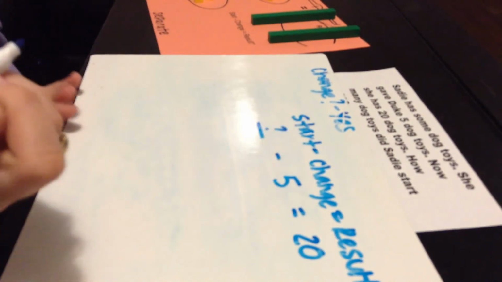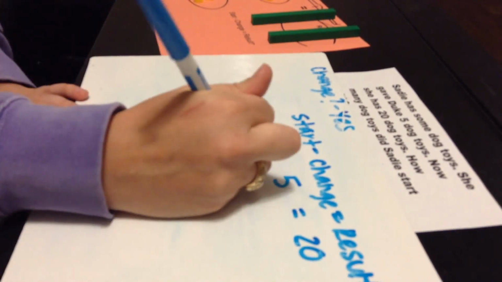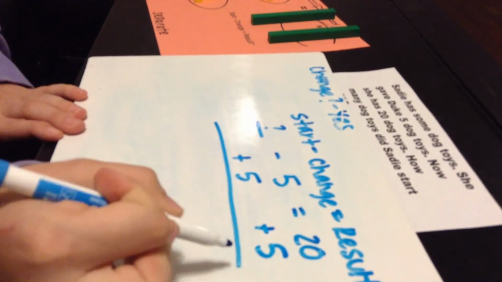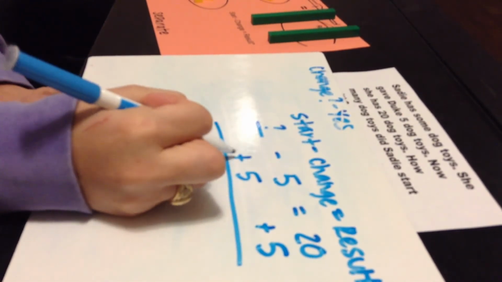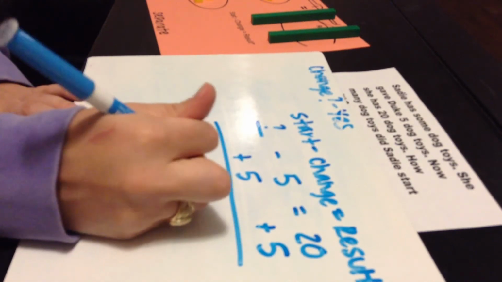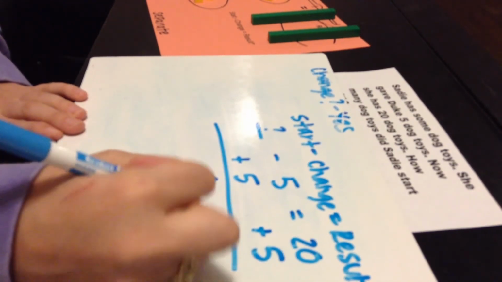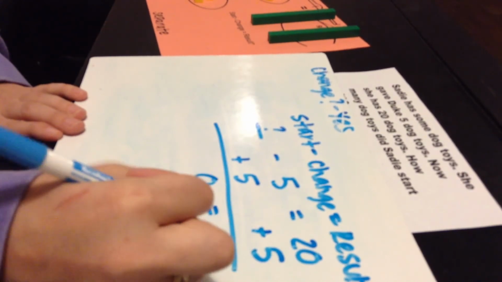whatever we do on the left side, we do on the right side of the equation. So the inverse of subtraction is addition. So we're going to add 5 on both sides. And we know 20 plus 5 is 25.